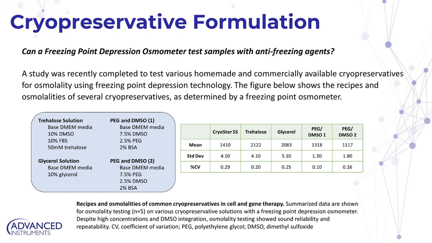So things like DMSO, or maybe not anti-freezing, but slow the freezing process. So we do have some data just to really look at the osmolality of different cryopreservative solutions, whether they're homemade, and you can see those in the blue bubble to the left, or commercially available options such as CryoStor.